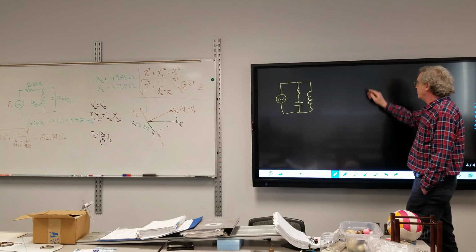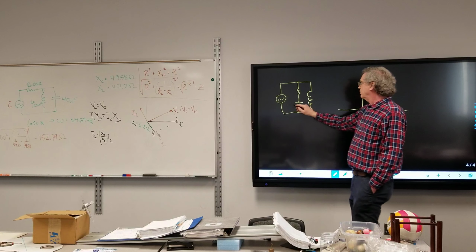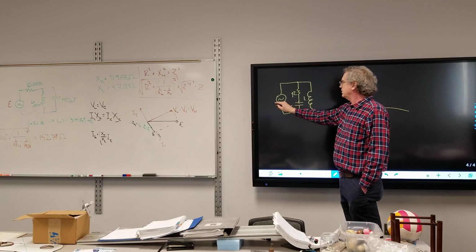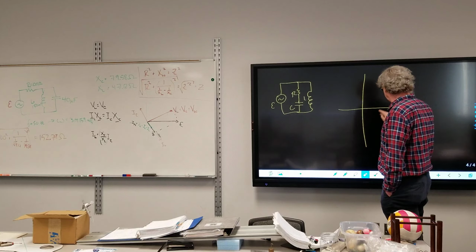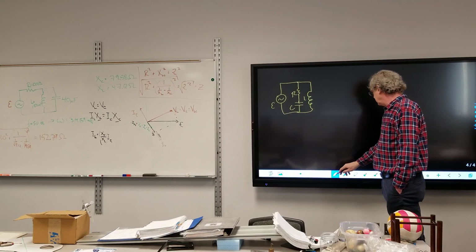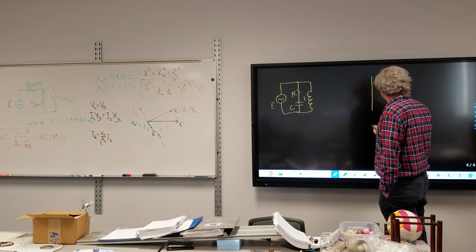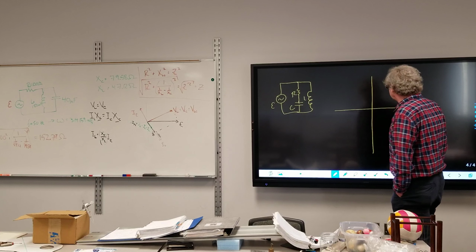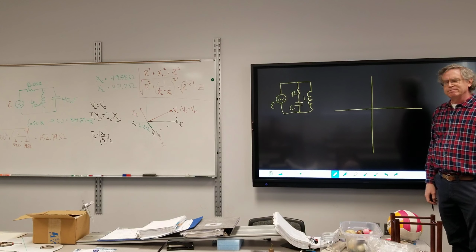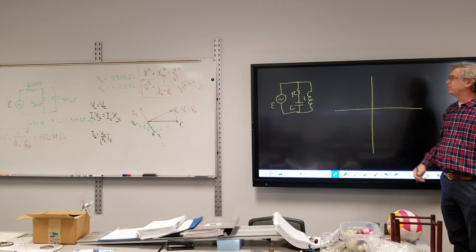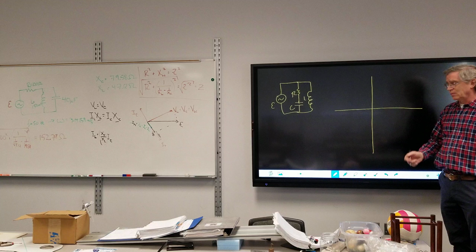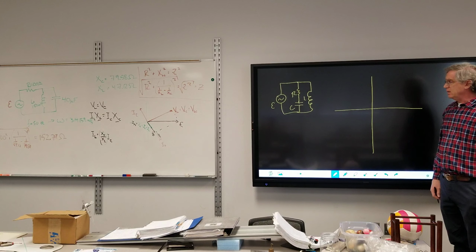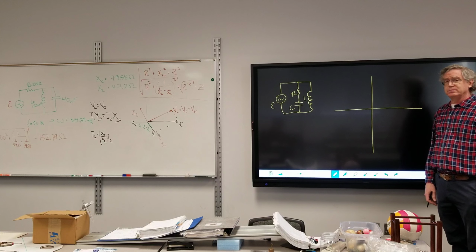All right, phasor diagram. C, R, L. So first off, how many phasors will there be? 8. All right. And what phasor should we start with?